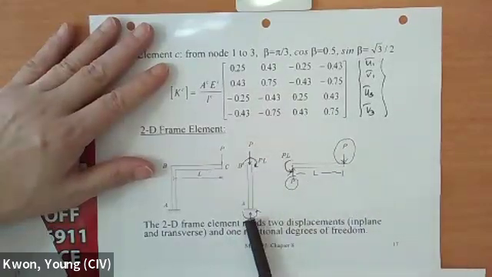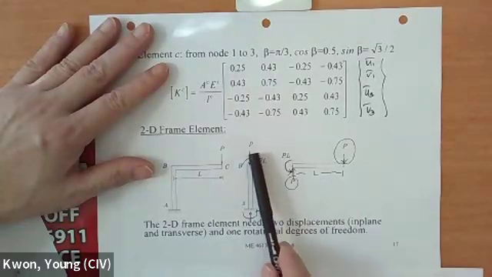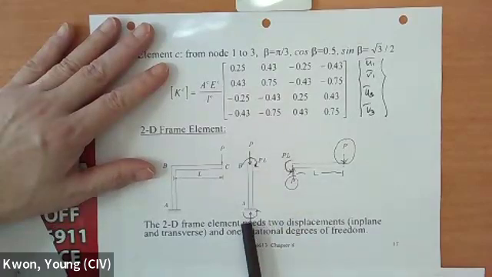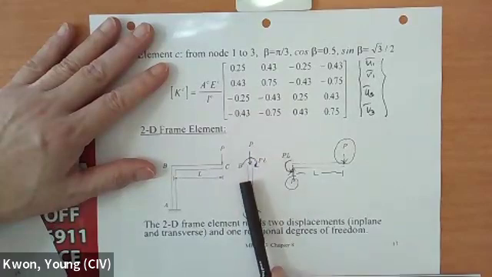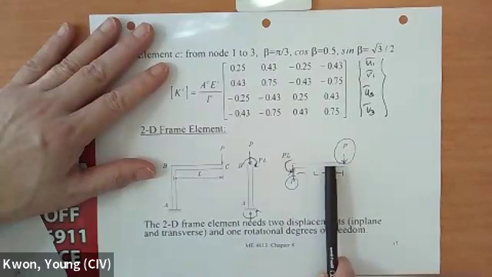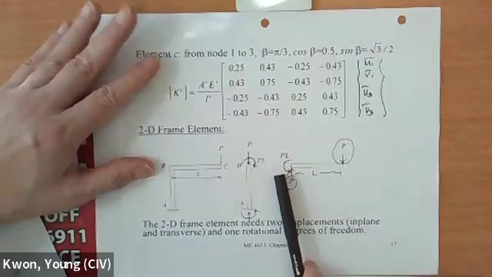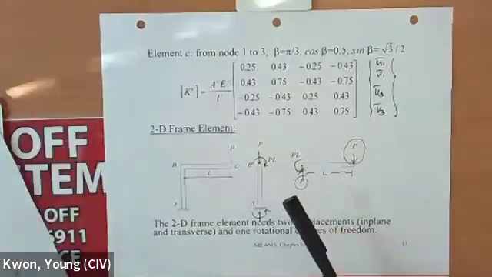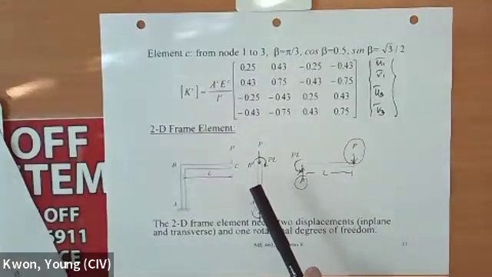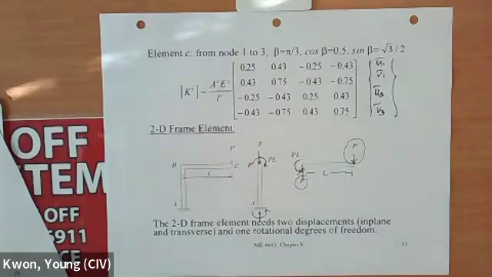Here you have P acting as an axial force, so the member is subject to axial force and bending moment. But if you look at this member, you have shear force and bending moment. So in other words, the frame element has to represent axial force, shear force, and bending moment. You should be able to do that.